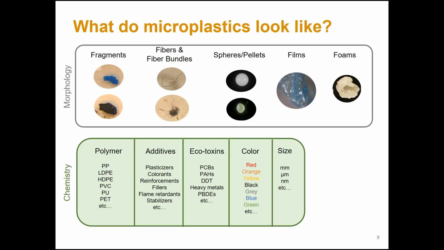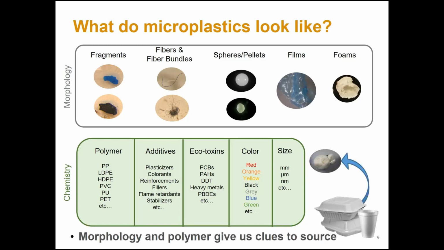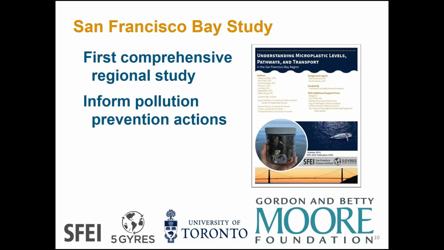They have different colors and also come in a very large range in sizes. In our study, we made sure to describe the morphology and the polymer because this gives us an indication as to the source of the microparticles.